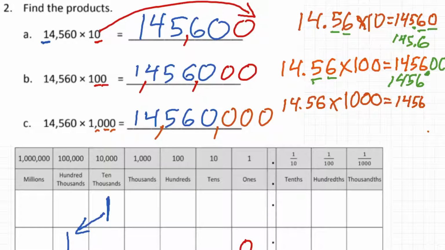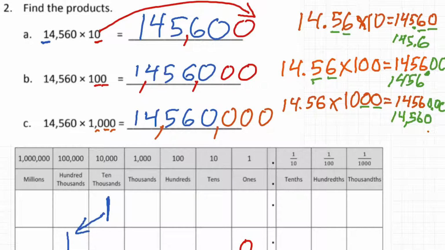We put the extra 3 zeros. And again, we have 2 decimal places. So our answer is 14,560. Our original number there, huh? Okay, so that's for multiplying.